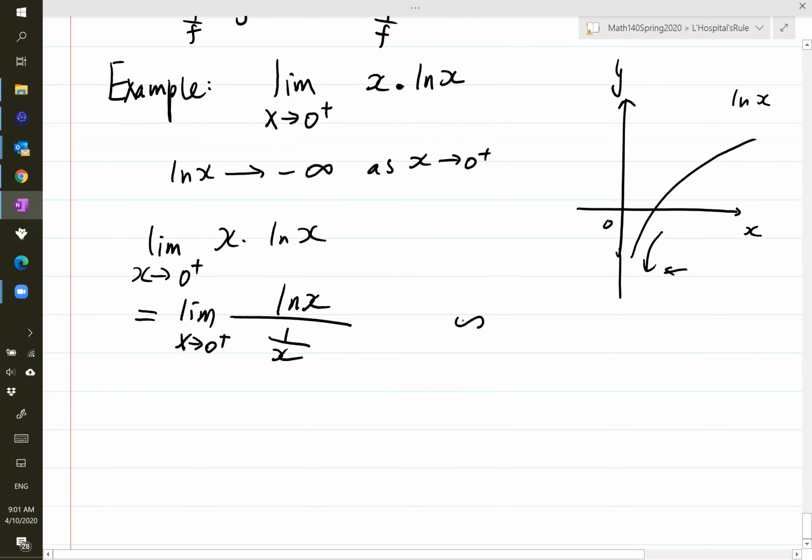Now this is infinity over infinity, log x over 1 over x, so we can apply L'Hopital's rule.